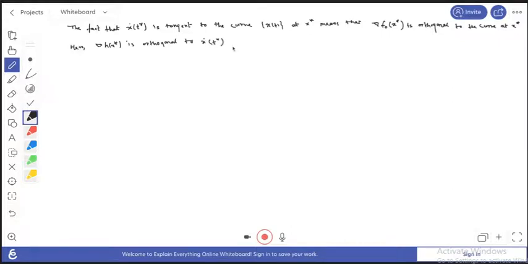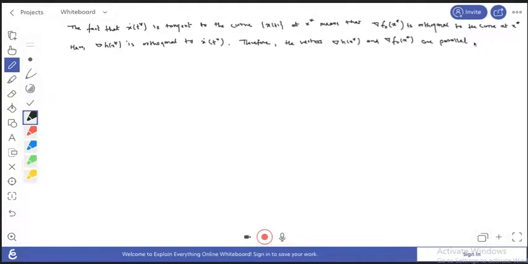Therefore the vectors, that is the gradient of f at x star and the gradient of this objective function at x star, are parallel. So these two are parallel, either in the same direction or in the opposite direction.